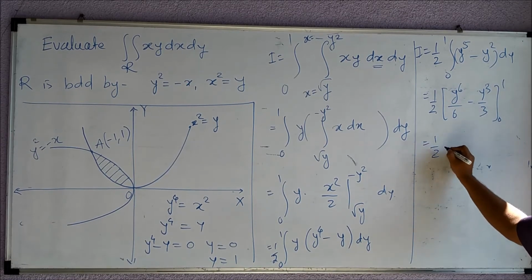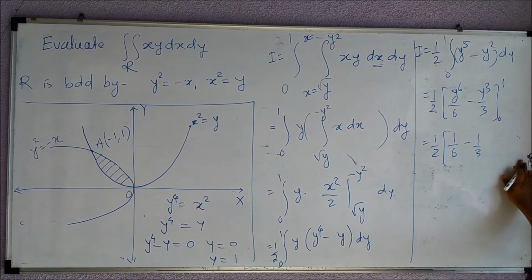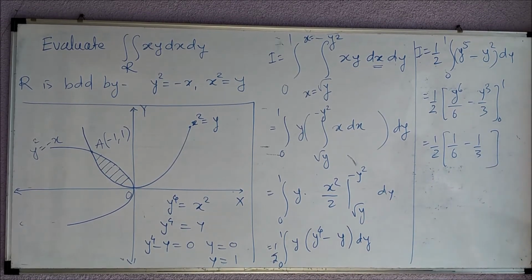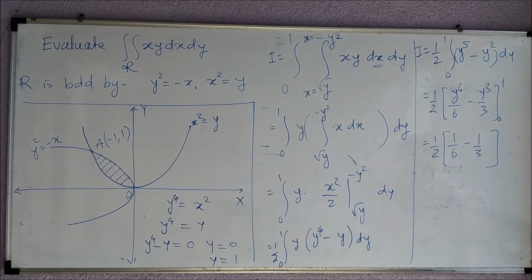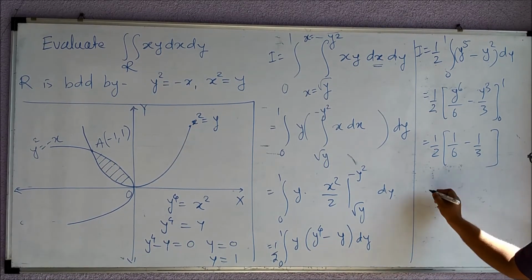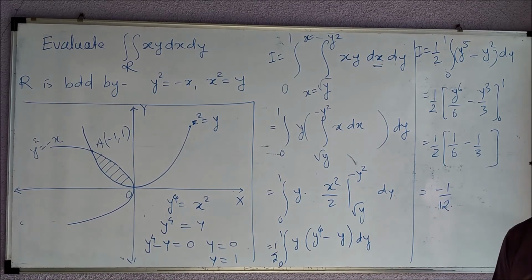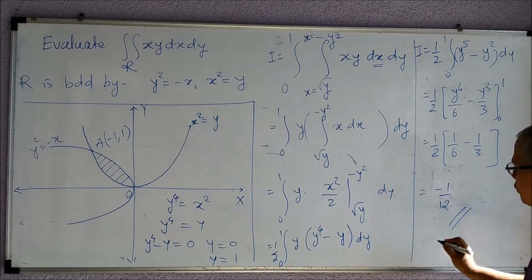So it is half into 1 by 6 minus 1 by 3. Right? And therefore 6 is the LCM, so it is 1 minus 2, so it is minus 1 upon 2. Okay, so the value of the integration is minus 1 upon 12.